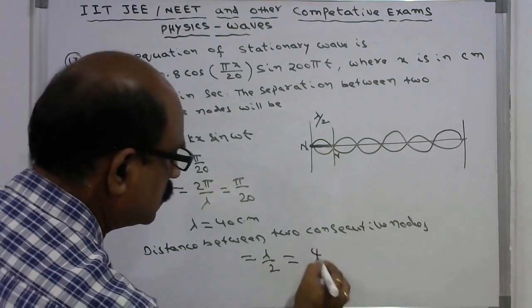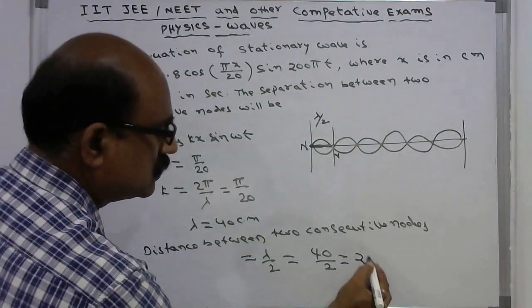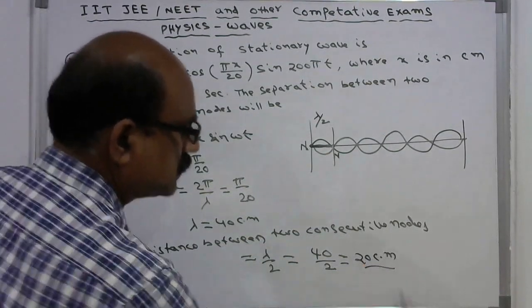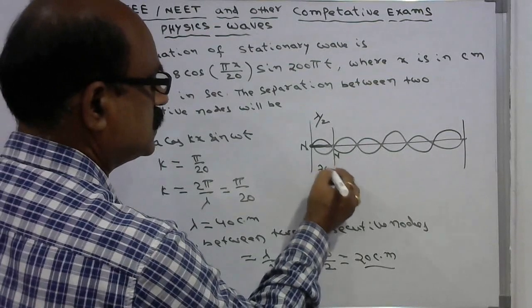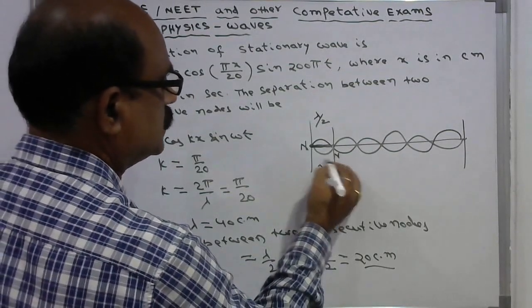So that is equal to 40 by 2 is equal to 20 centimeters. So this distance is 20 centimeters.